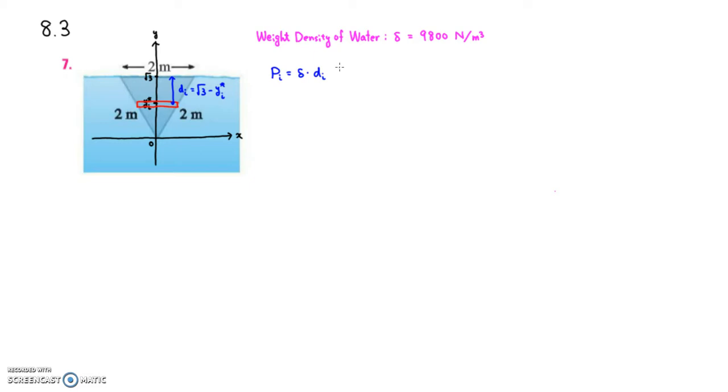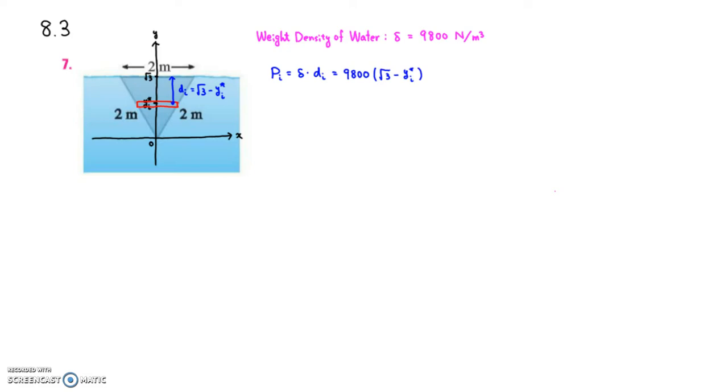So delta is 9800, and then you multiply by di, which is square root of 3 minus yi star. That's the pressure at the level yi star.